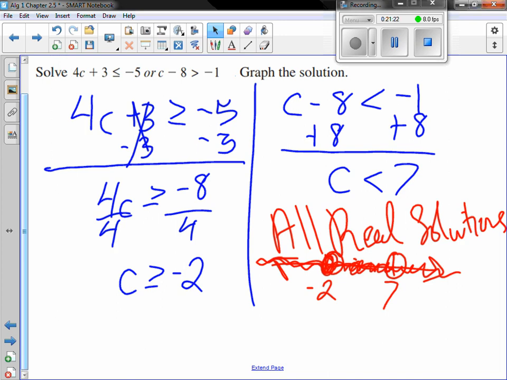Think of or statements. When an or statement's true, it only has to apply to one. Like if you're given a choice between 2 items, you only have to choose one. I mean, you could choose both. As long as one's true, we're fine. So even at 7, that was left open, yes? Is 7 greater than -2? So it's included because it made one of the statements true.